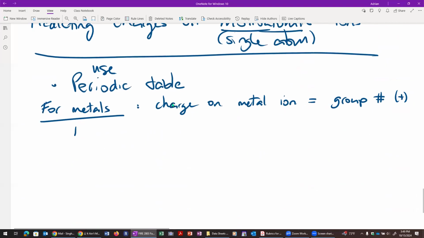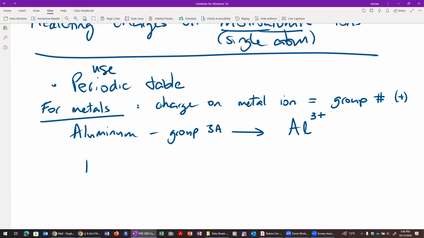So according to this shortcut, we have our symbol for the element aluminum. The charge is the group number, and the charge goes up as a superscript, and it's positive. So 3 plus. And that's as easy as it comes in terms of determining the charges.